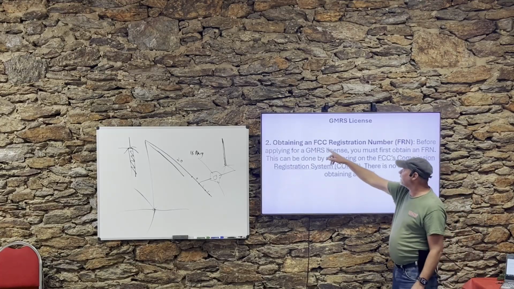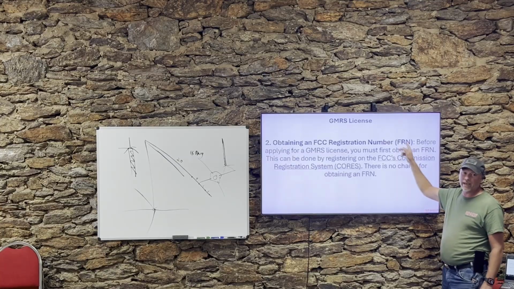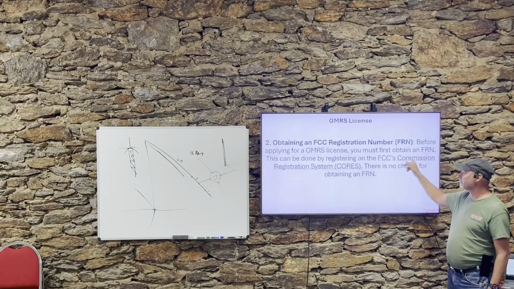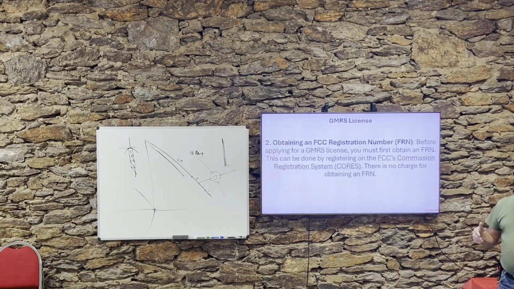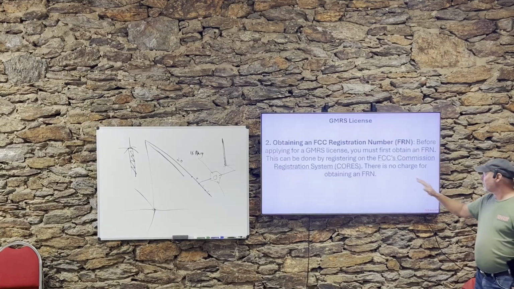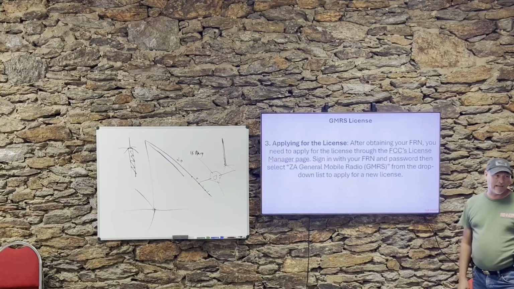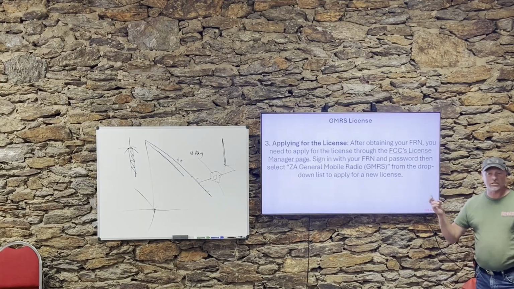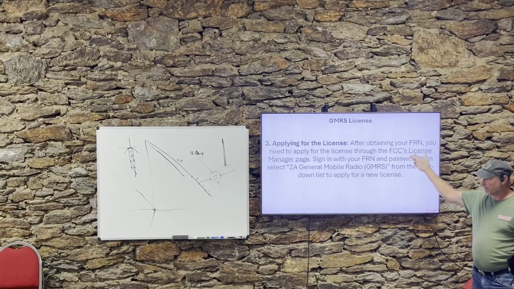You've got to obtain the FCC registration number, the FRN. You go to this website and register for an FRN number. Once you've obtained your FRN number, now you can apply for your license. For GMRS, you don't have to take a test. The government just wants your money. The FRN number is free.